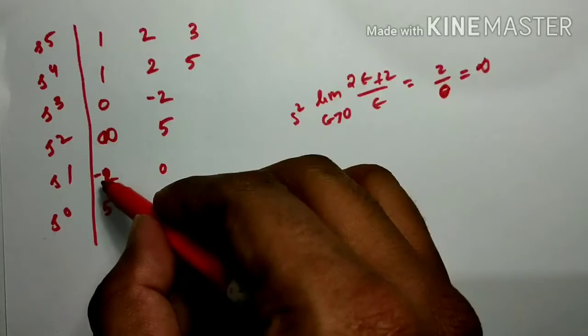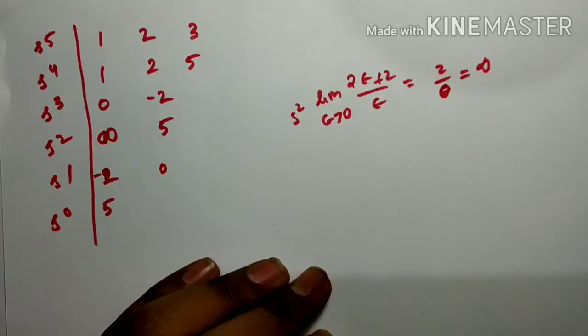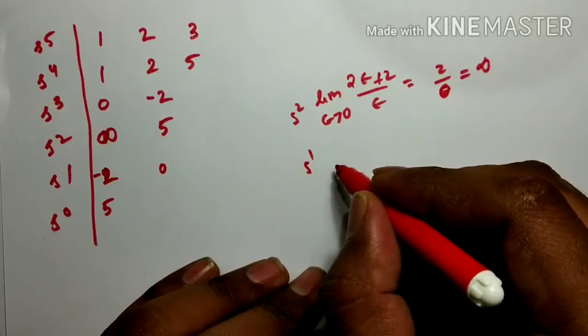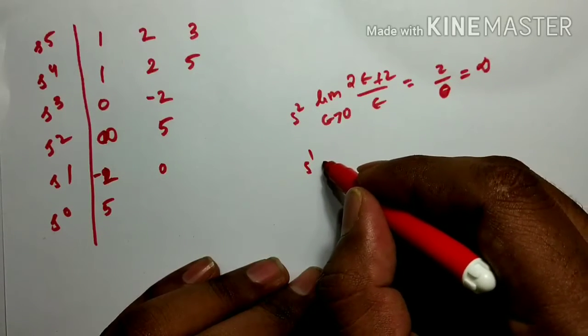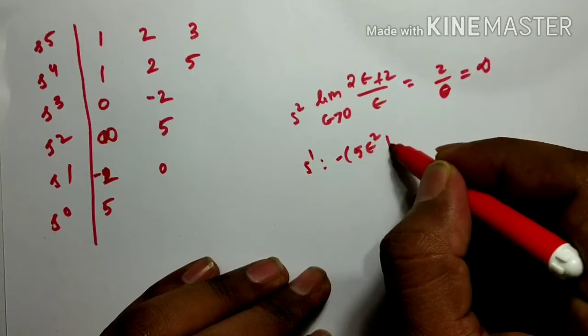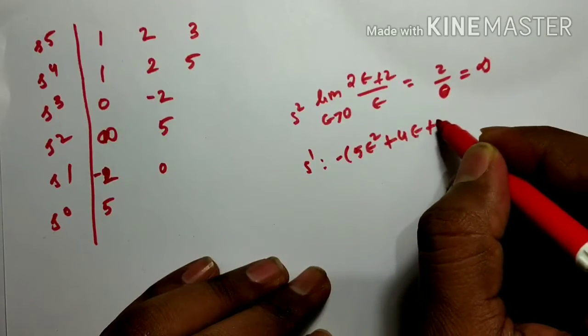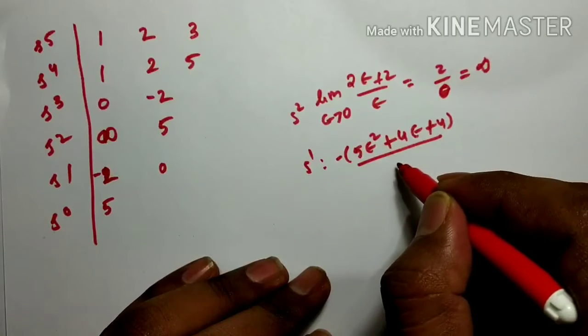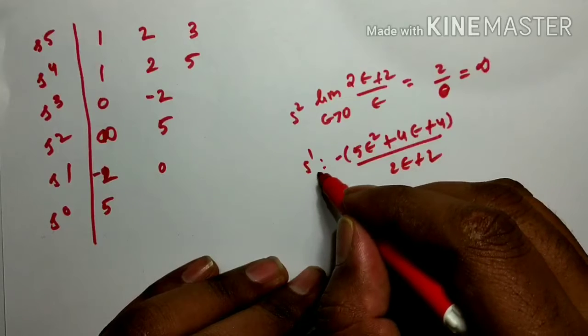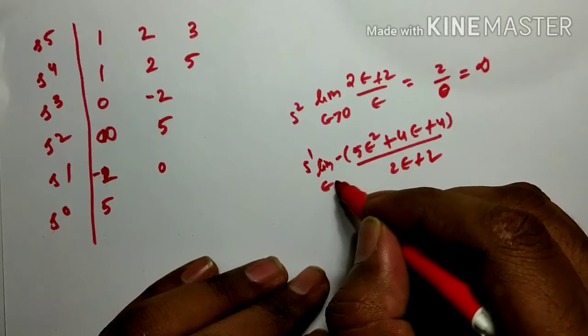Again, the S1 coefficient was minus 5 epsilon square plus 4 epsilon plus 4 by 2 epsilon plus 2, with epsilon tends to 0.